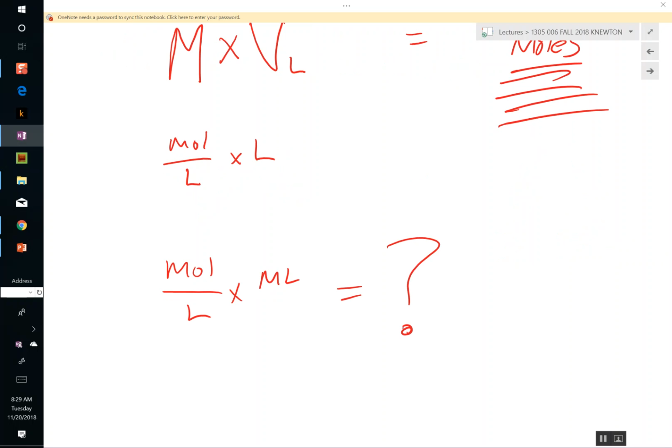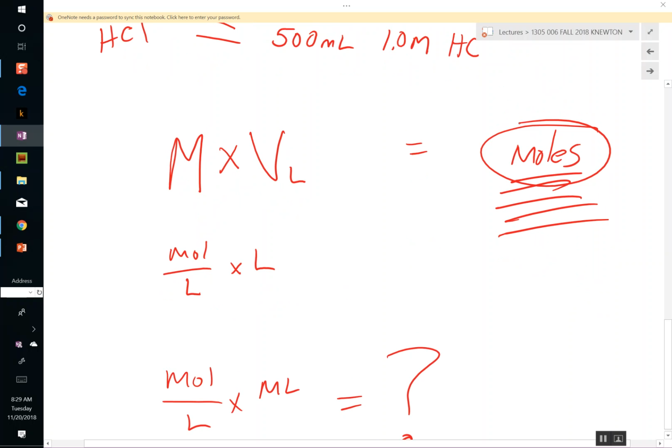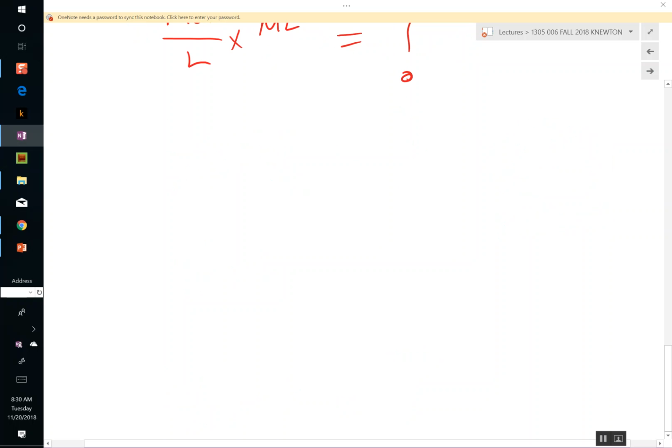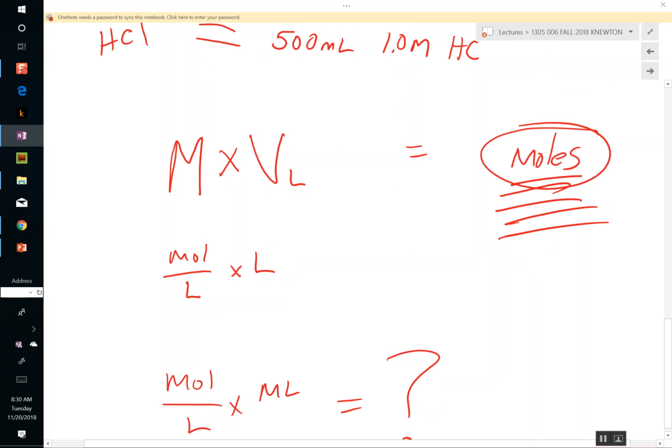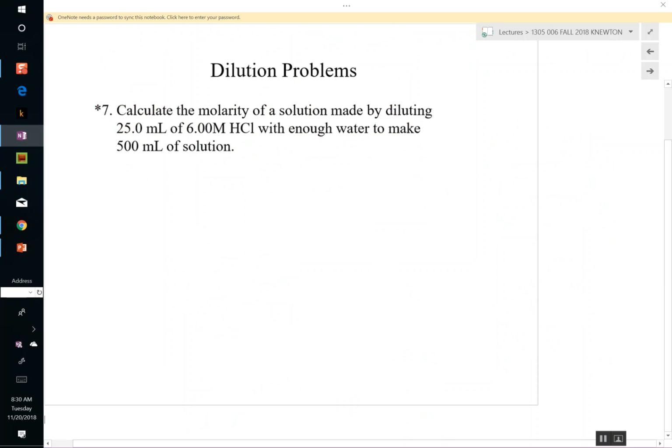So if you want your unit to come out in moles, you have to multiply by volume in liters. We were looking for a molarity, not moles, so we could play with it with either liters or milliliters. This is dilution. Now, let me give you another dilution problem, and you do it.